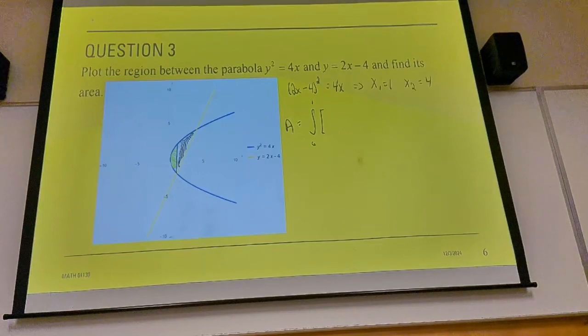Zero to 1. What is the larger function with respect to x? Remember, it's a function of x. It's 4x. Let's get rid of 4x.